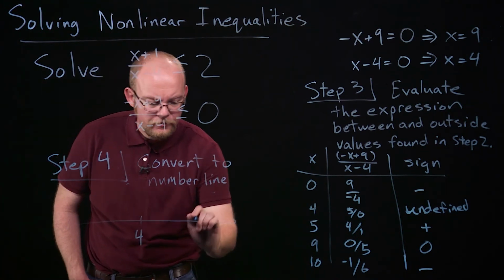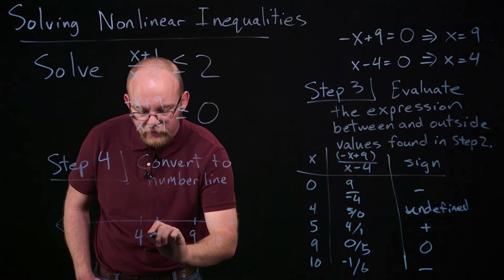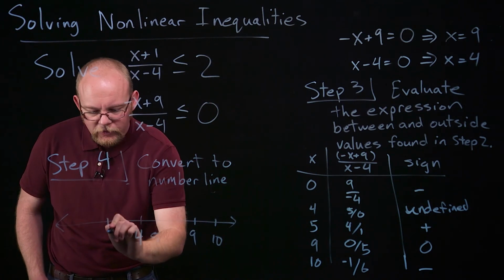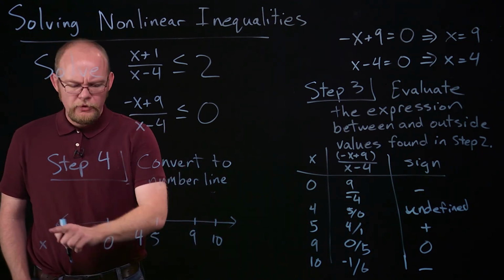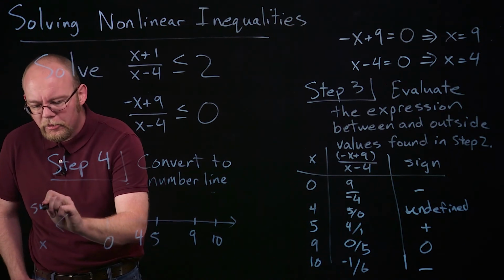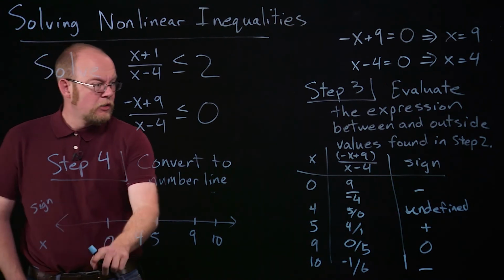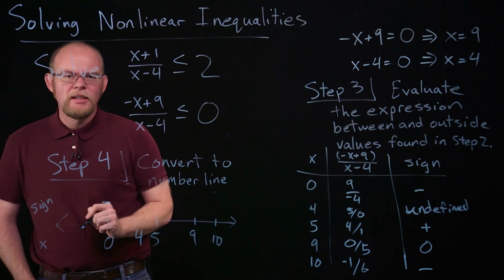Here's a 4, here's a 9, 10, 5, and 0 somewhere over here. So below the line, I've put an x. Those are the x values, 0, 4, 5, 9, and 10. And above, I'm going to put the sign. So at 0, the sign is negative, so I'm going to put a little negative sign above it.